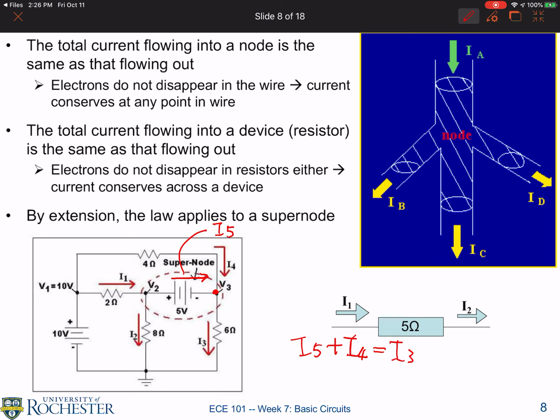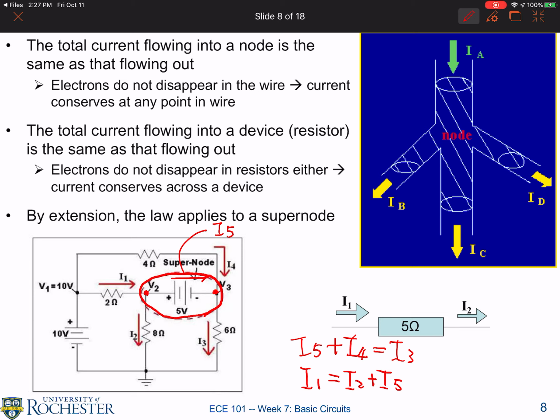Similarly, if you look at this node over here, the one that we marked V2, we have I1 coming in, I2, and I5 going out. And here's the point. If you treat this whole thing as a node, you can do that.